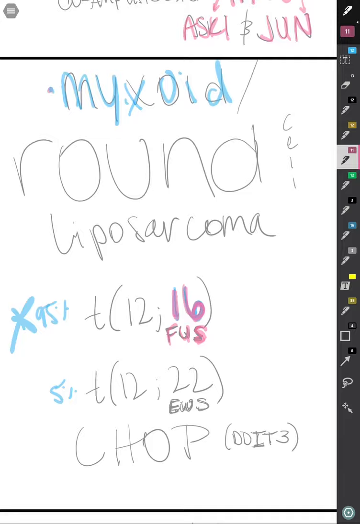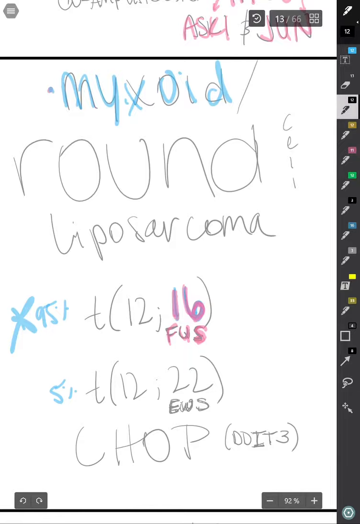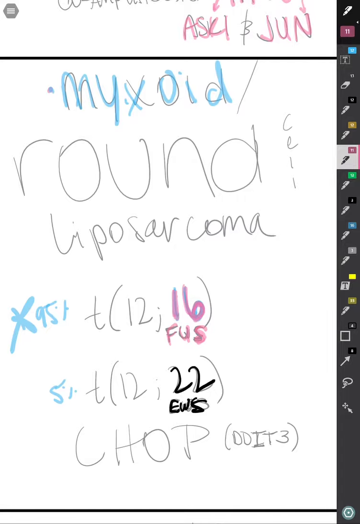Where do I do the 16? I just remember it being there. And then in my brain, I already remember the Ewing sarcoma, or EWS, being 22. So that's already there. Then there's the round cell.